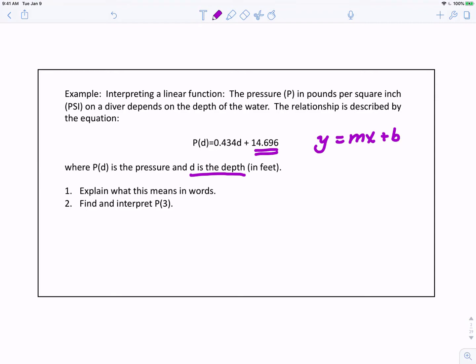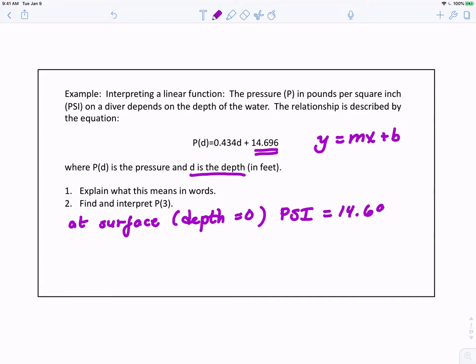So what this tells us is that at the surface, in other words, where depth is equal to 0, you haven't dived yet, the pressure on a diver at the surface of the water is 14.696 psi, pounds per square inch.